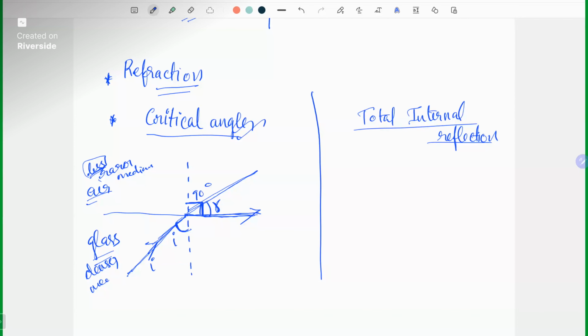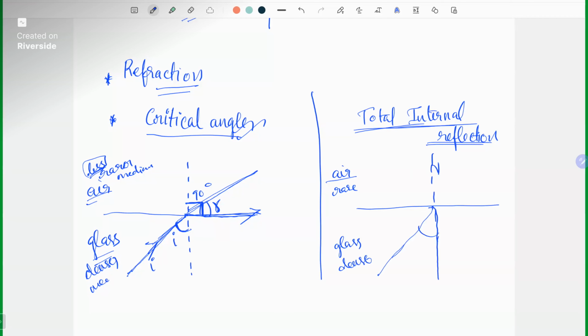And total internal reflection is a concept where, same air, rarer medium, same glass, denser medium, we are passing a ray from here. We draw a normal, this is the normal, this is the incident angle.